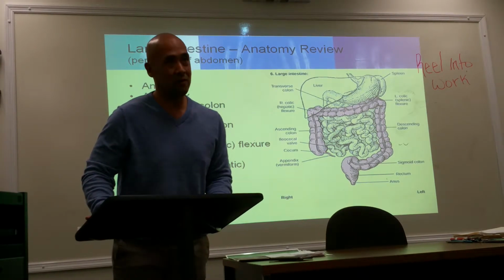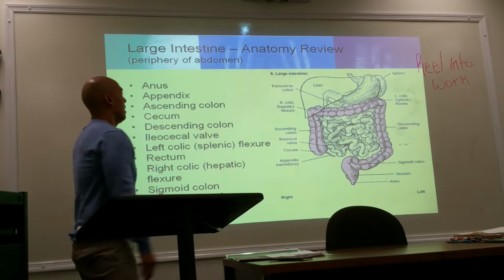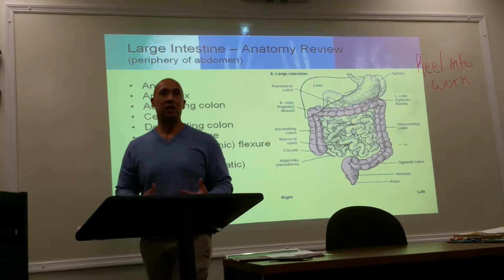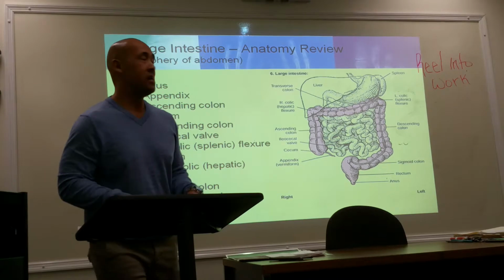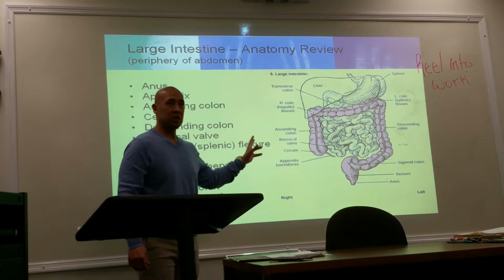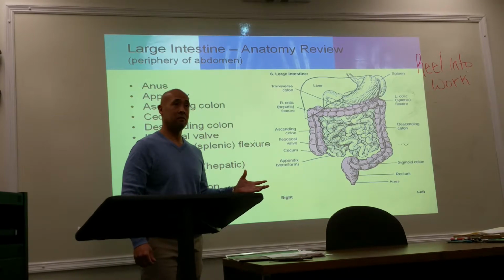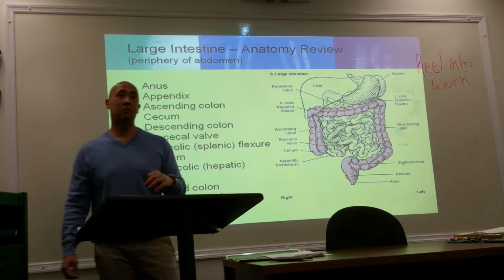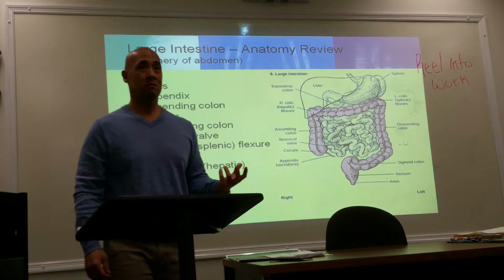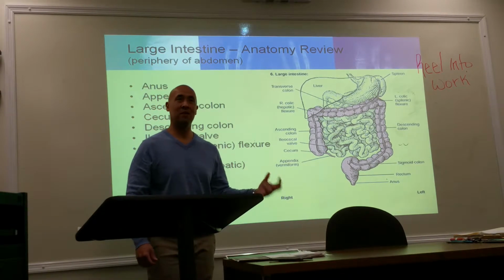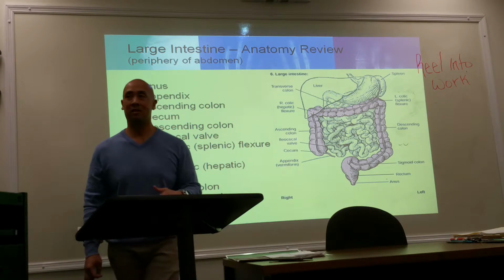The liver plays a role in the positioning of the inside anatomy. So the right colic flexure is going to be lower than the left. And when we talk about the urinary system, the right kidney is going to be lower than the left because the liver pushes it down.